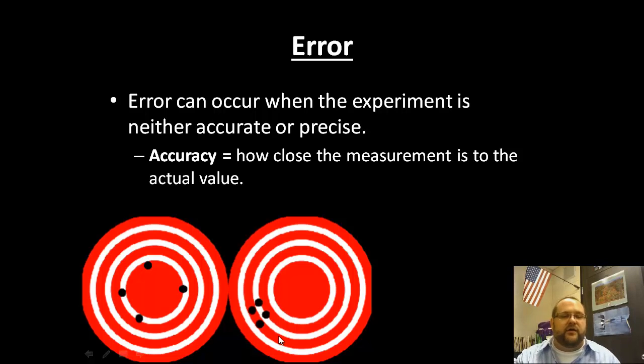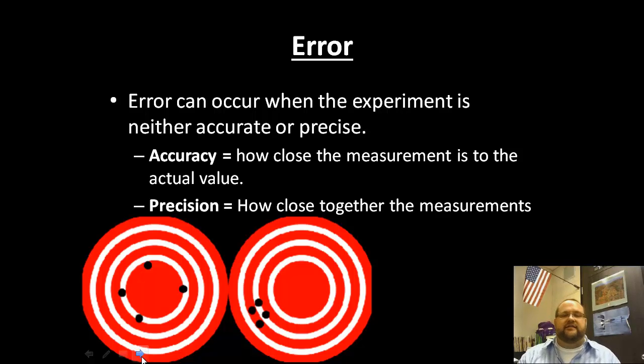These ones over here, we have a bunch of bullet holes that are further away from the center, and those we would call less accurate. Those are not very accurate shots, or in our case, not very accurate measurements. If we're measuring a block that is 5 centimeters, and we get 3 centimeters, that's not a very accurate measurement. If we get 5 centimeters right on the button, that would be an accurate measurement.